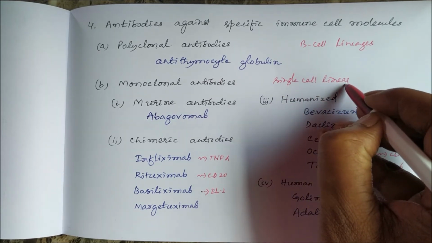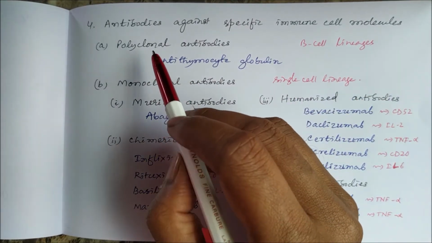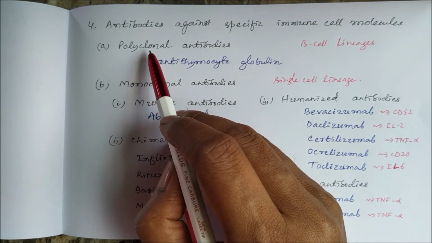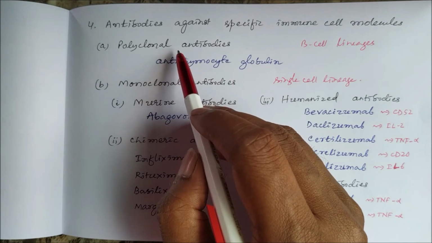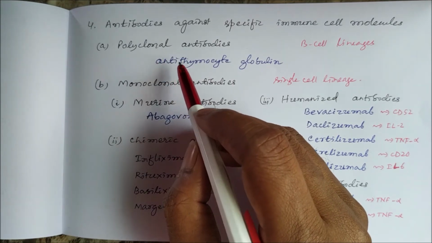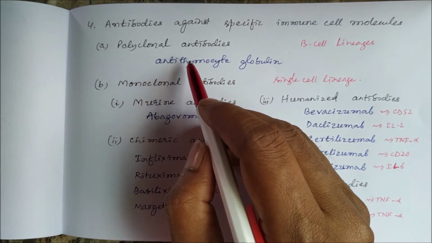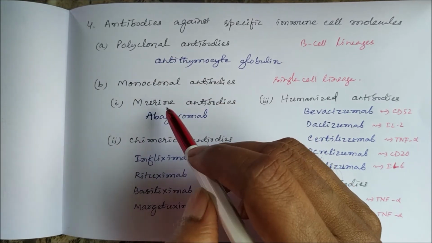So this is the difference, and to prepare the polyclonal antibodies, we need to inject a specific antigen into lab animals like rabbits, goats, etc. The animal is immunized repeatedly to obtain higher titers of antibodies.